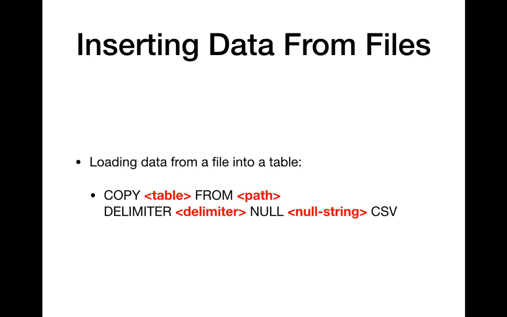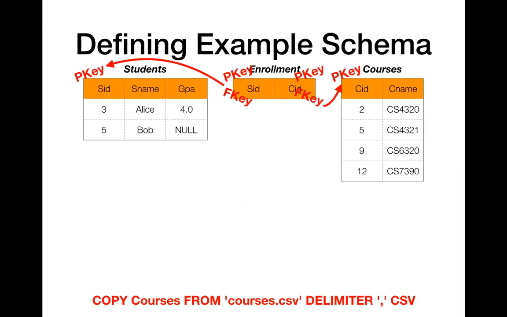There are many versions of this command, but it tends to be very useful in practice. All right. So here, for instance, we might be loading all the courses from some comma-separated value file, which we could do by a command like the one that you see here.